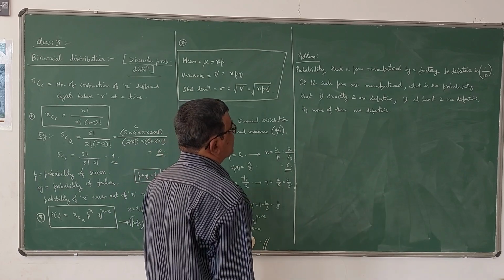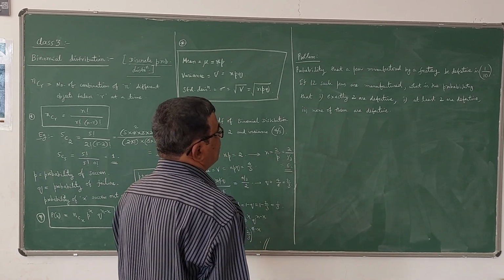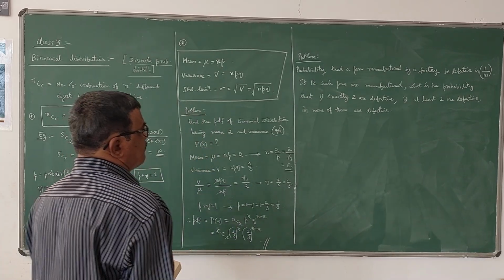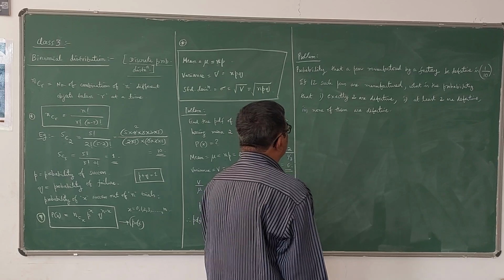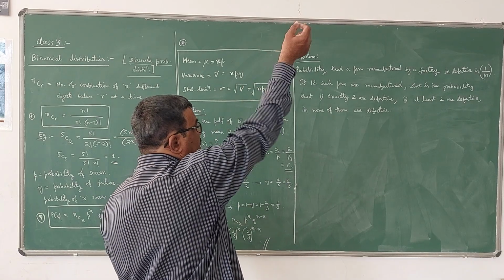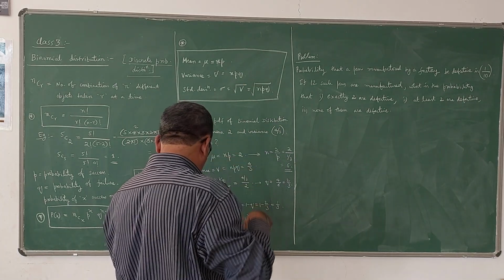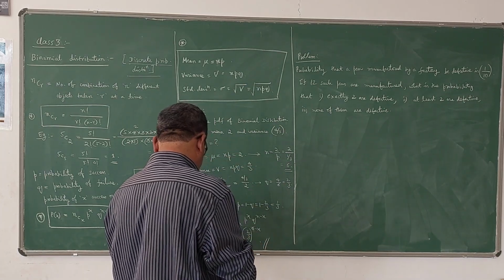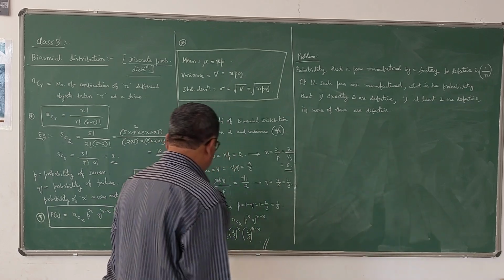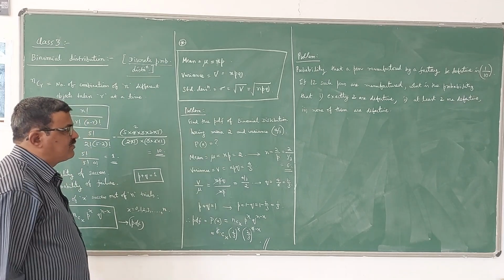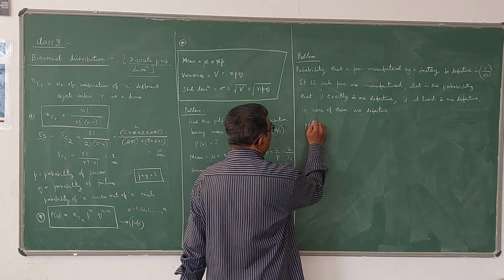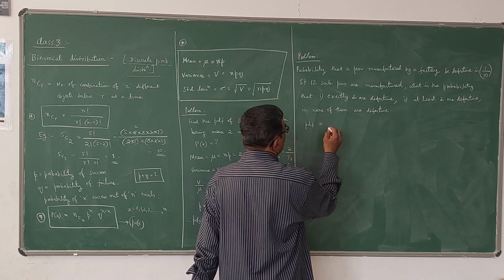Probability that a pen manufactured by a factory be defective is 1 by 10. If 12 such pens are manufactured, what is the probability that exactly 2 are defective, at least 2 are defective, none of them are defective. That is the meaning. So first we have to write down the density function, the PDF. PDF is given by binomial distribution.